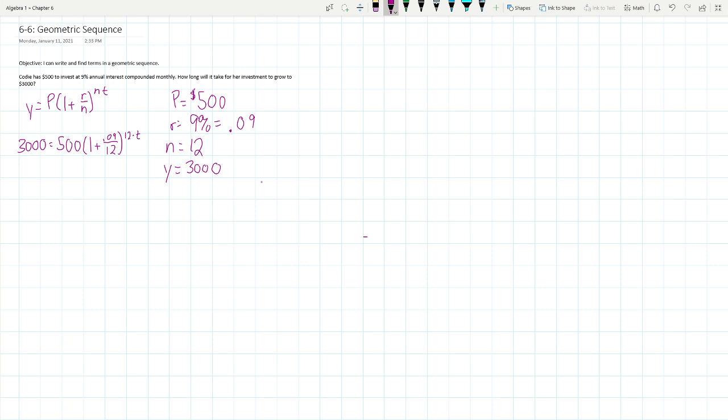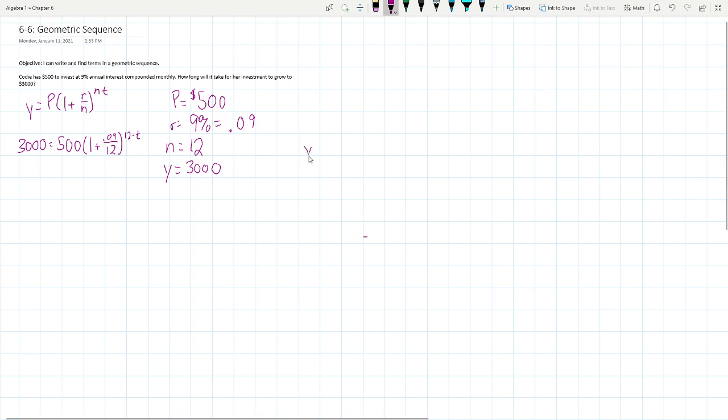So 500, 1 plus 0.09 divided by 12. Close that parenthesis. Raise to 12, and I'm going to start with times 1.